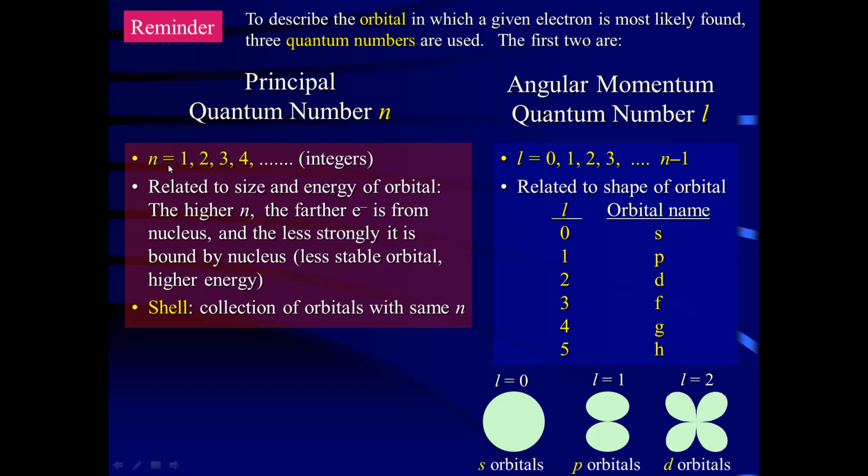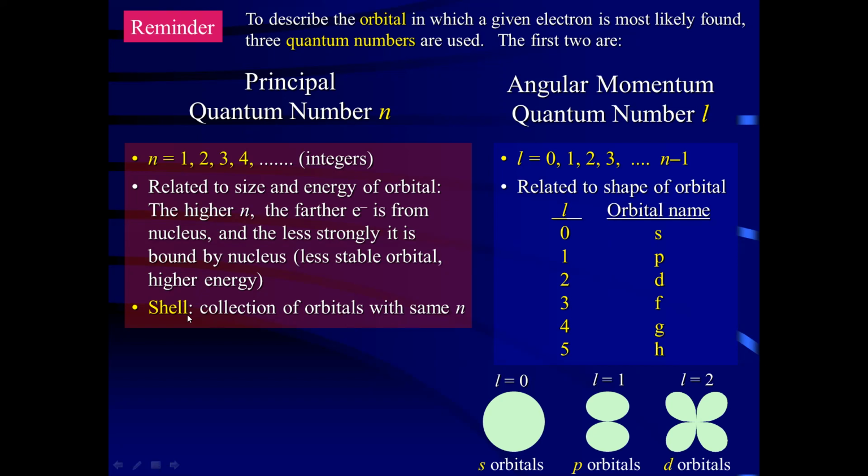What we should know is n could have integer values from 1 to 3, 4, for example. It's related to the size and energy of the orbital. When n increases, the orbital is less stable, with higher energy and bigger size. The collection of orbitals with the same n we call a shell.